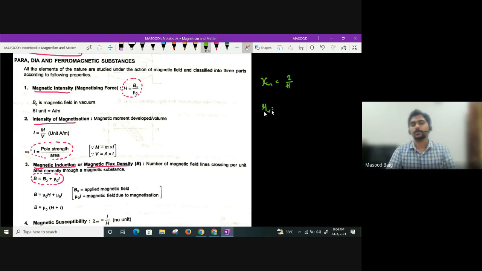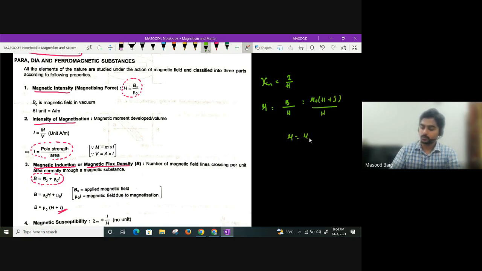What is relative permeability, or magnetic permeability? It is the ratio of the magnetic flux density to H. How can I write the B value? Just now you have seen B can be written as mu naught into H plus I. So mu equals mu naught into H plus I divided by H.